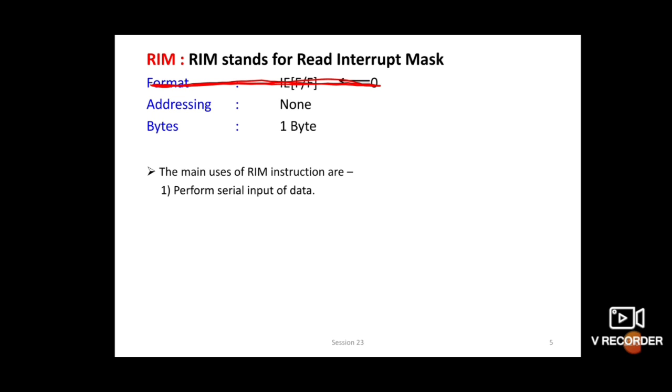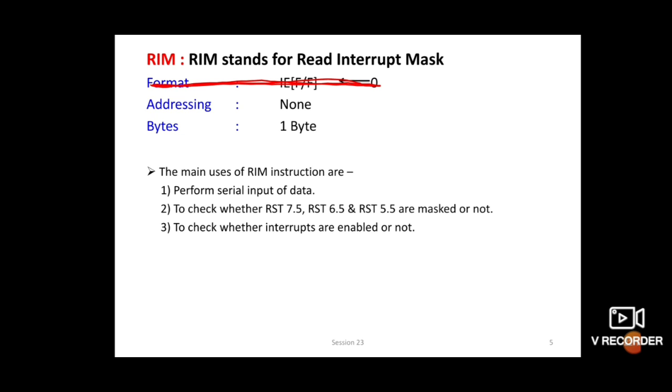Now see, second, to check whether RST 7.5, RST 6.5 and RST 5.5 are masked or not. Third use of this instruction is to check whether interrupts are enabled or not. And the last one is to check whether RST 7.5, RST 6.5 and RST 5.5 interrupts are pending or not.